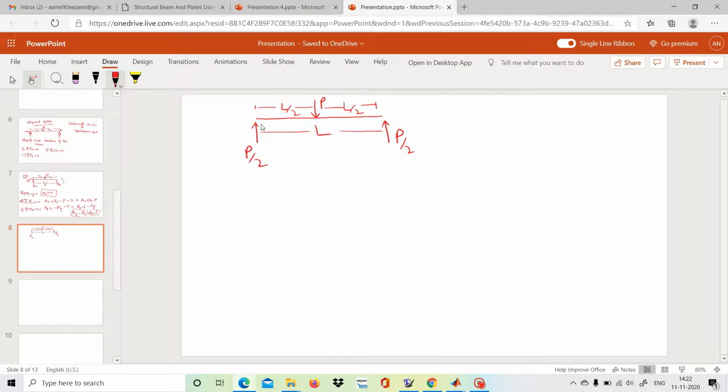Now we have to find the shear force and bending moment.